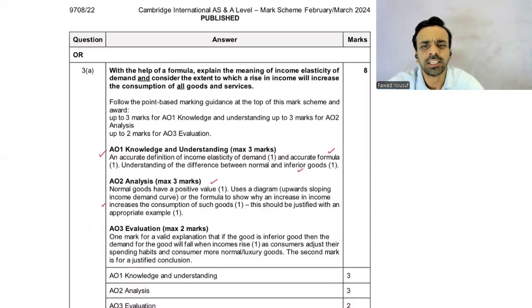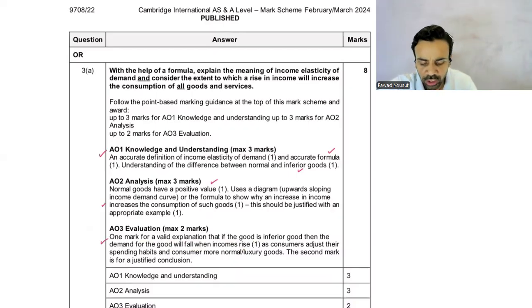In analysis I actually discussed the inferior good, thinking this should go in analysis, but actually it did not go in analysis, it went into evaluation. If you look over here, one mark for a valid explanation that if the good is inferior, then if income rises, the demand for such a good will actually fall.